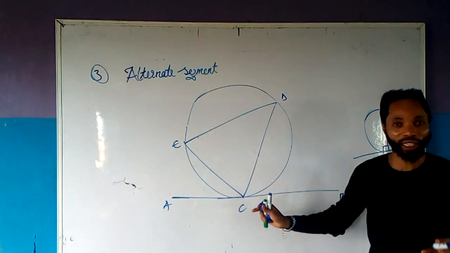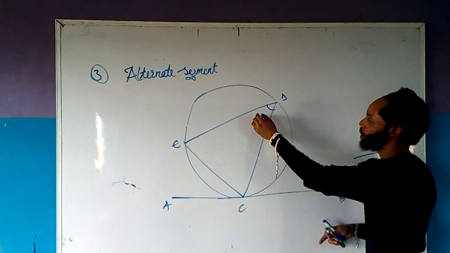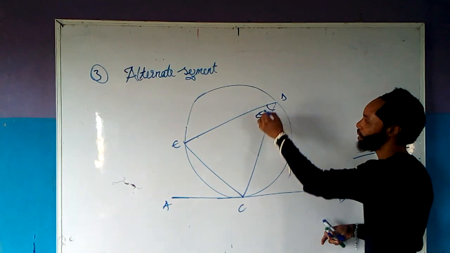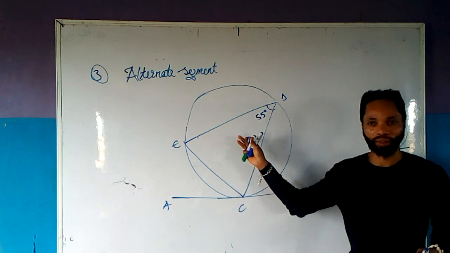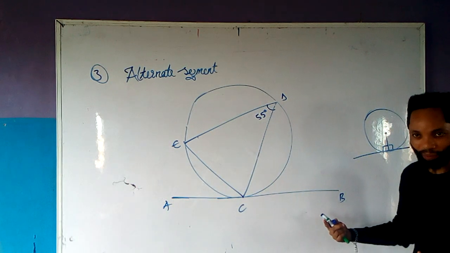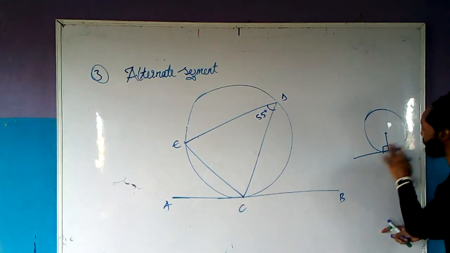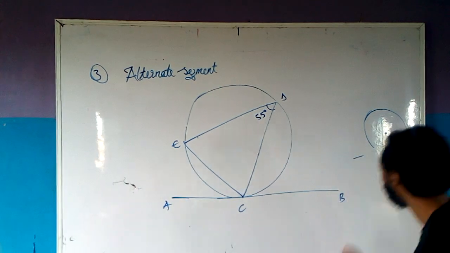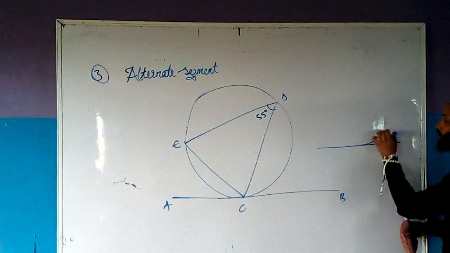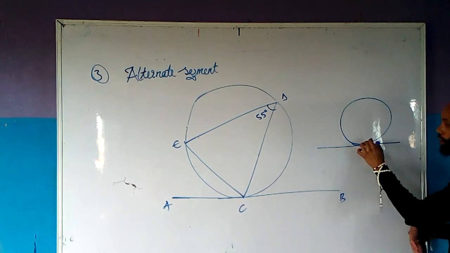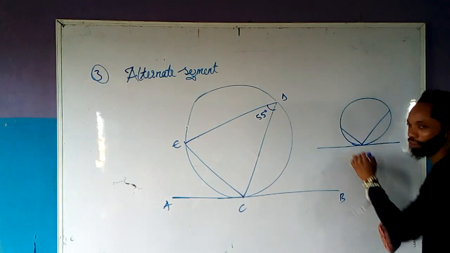Now, for this case, if you're asked to resolve this, you might be given, let me just say, 55 degrees, just assuming. I'm going to work down some examples. Just understand something: you have your tangent line, and you have your circle this way. Now, you have a chord here and another chord here.